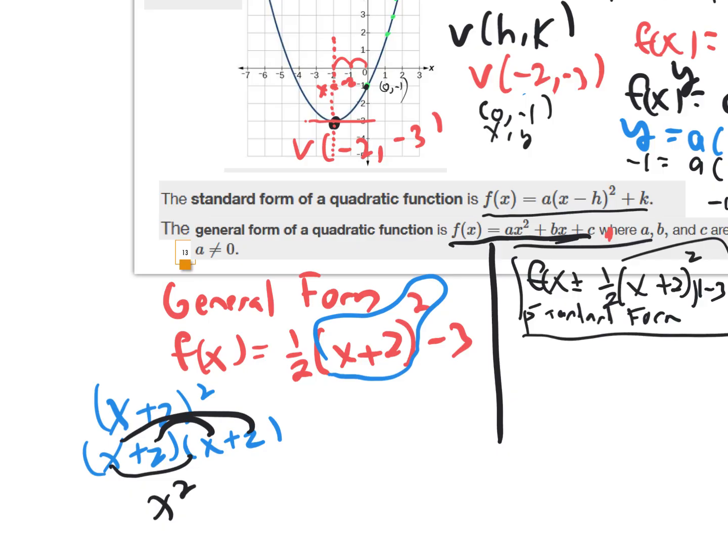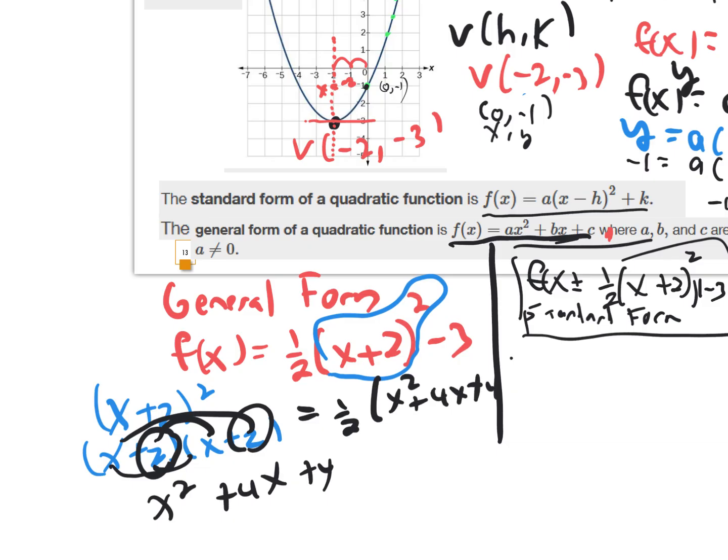So 2x plus 2x is 4x, so x squared plus 4x. That's my outer and my inner together, and then my last two terms is plus 2 times plus 2 plus 4. There it is. So f of x is 1/2 times x squared plus 4x plus 4. Don't forget the minus 3.